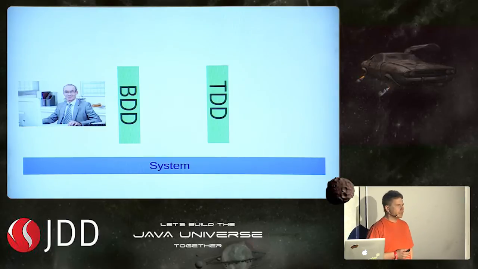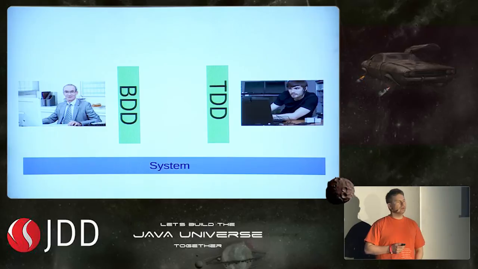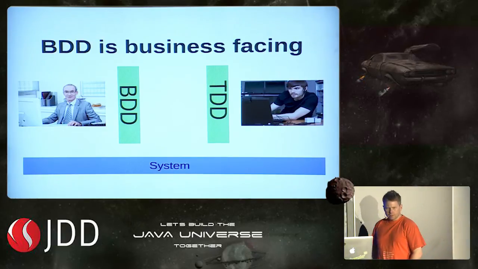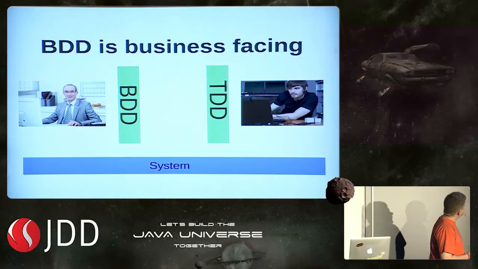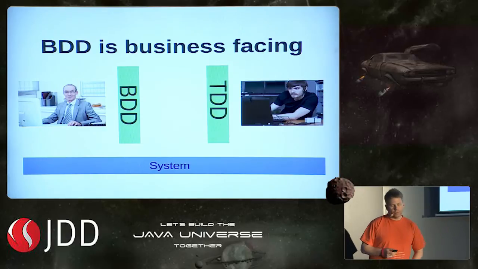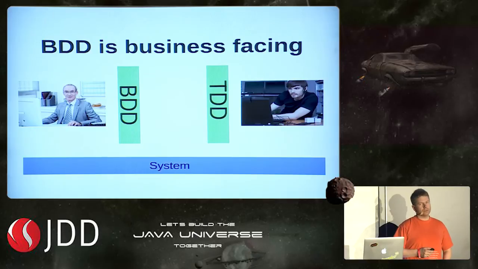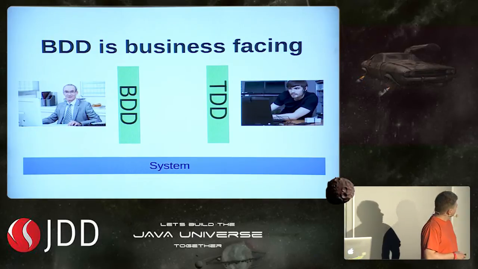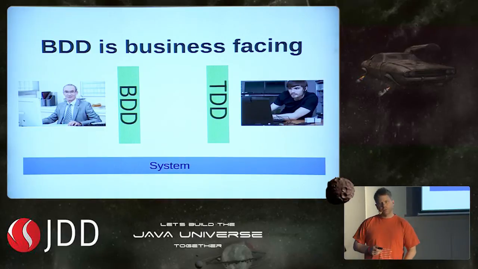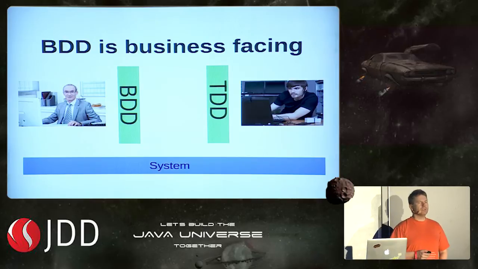But BDD is perhaps more business-facing than TDD, which is more developer-facing. So this guy, who I think might be an accountant or something, might not like to read unit tests and say that this is correct or this is not correct. This guy, on the other hand, might enjoy unit tests. So it all depends on the receiver of the message.